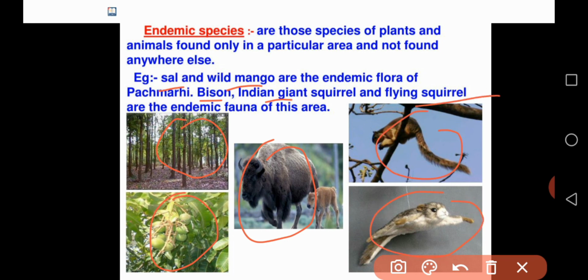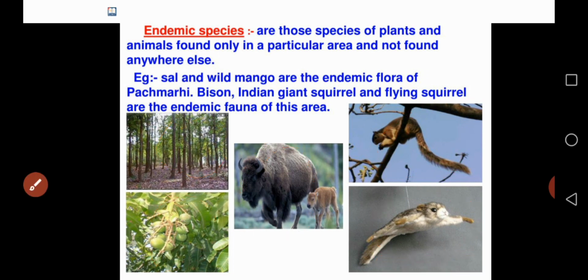These are the endemic fauna of Pachmarhi. So these are some information about endemic species.